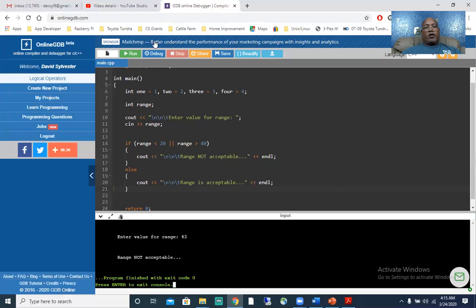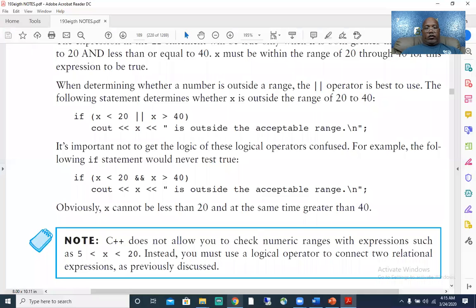Now, let's get back to the notes. It tells us it's important not to get the logic of these logical operators confused. For example, the following if statement would never test true. What it's saying is if x is less than 20 and x is greater than 40, you will never get this output here, because it can never be both of them.